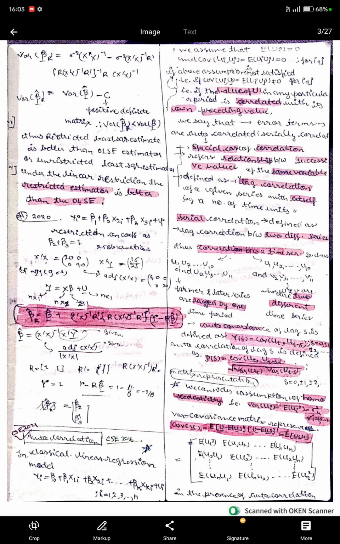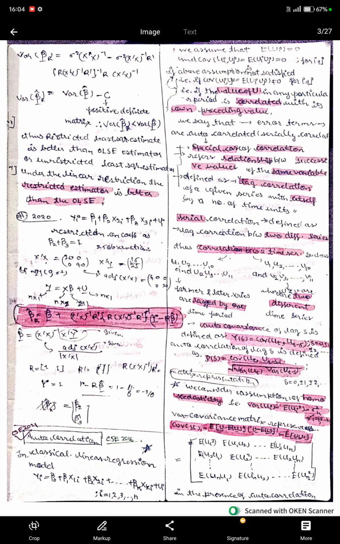R is 1 comma 1. Two variables are here. R is 0 1 1, we can take. And R dash will be the column vector 1 1. Okay.